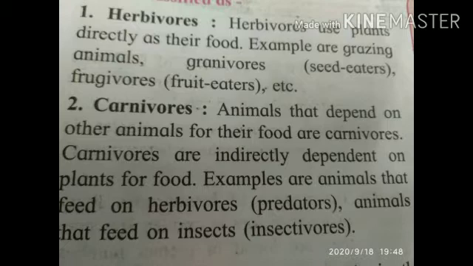Carnivorous: animals that feed on other animals for their food. Carnivores depend on herbivores for their food and thus indirectly depend on plant matter for food. For example, animals feeding on herbivores. Animals that feed on insects are insectivorous.